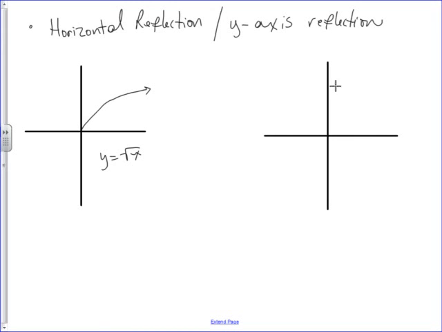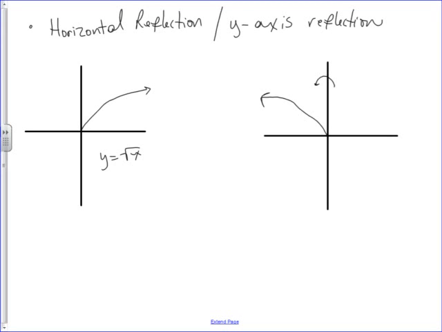So to reflect this completely over the y-axis, it's going to start here and go to the left. Again, it still holds the same shape. It is just now reflected over the y, so it is physically pointing in the other direction.